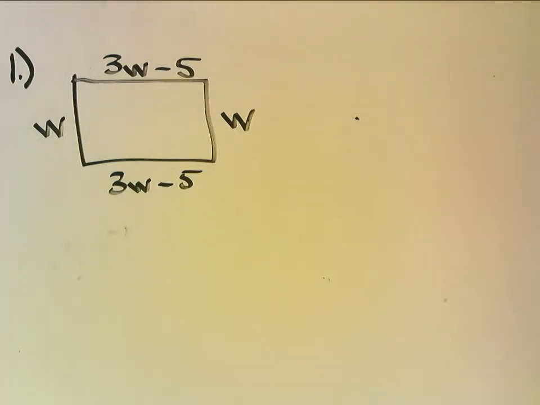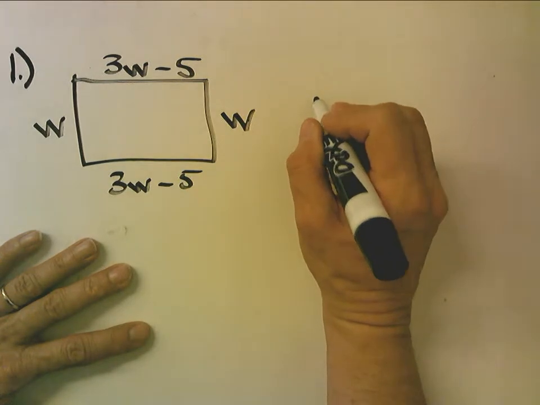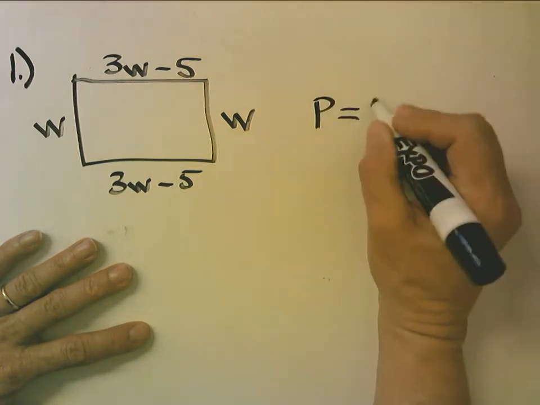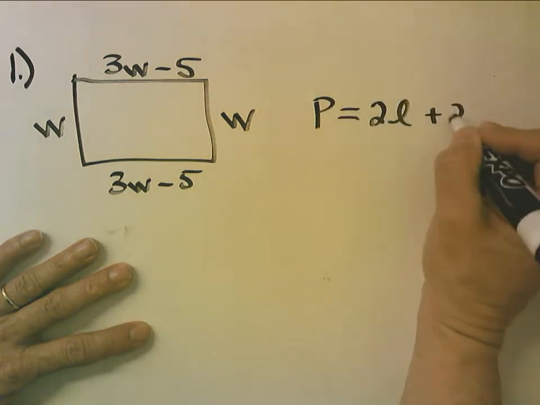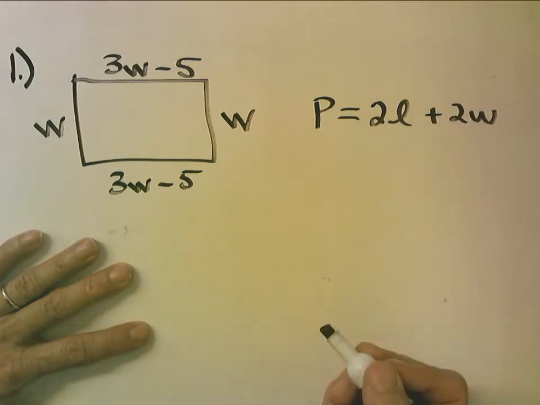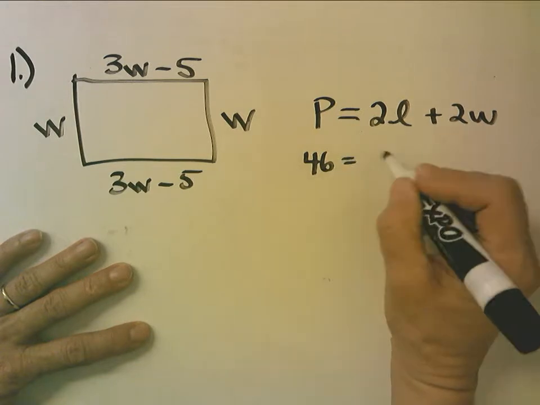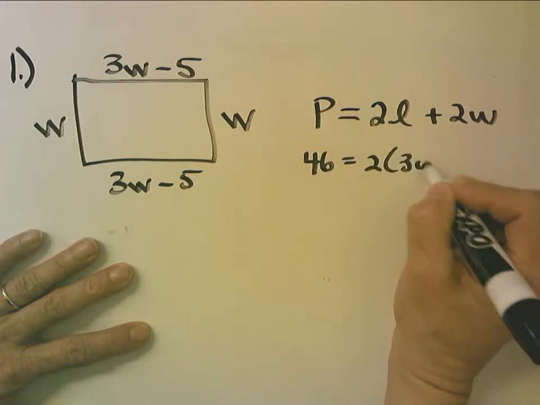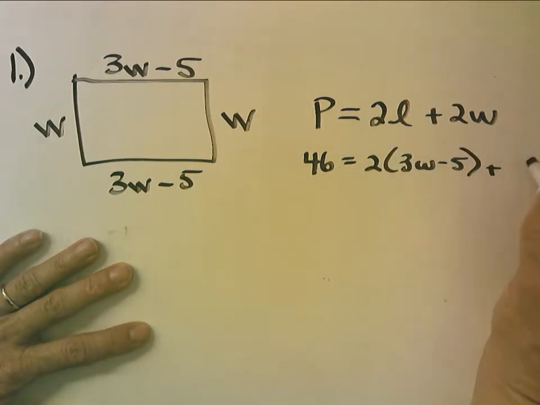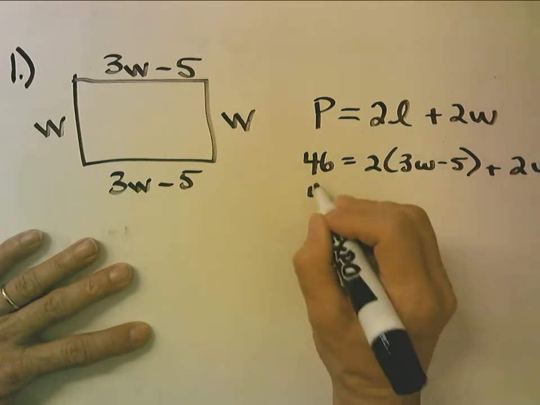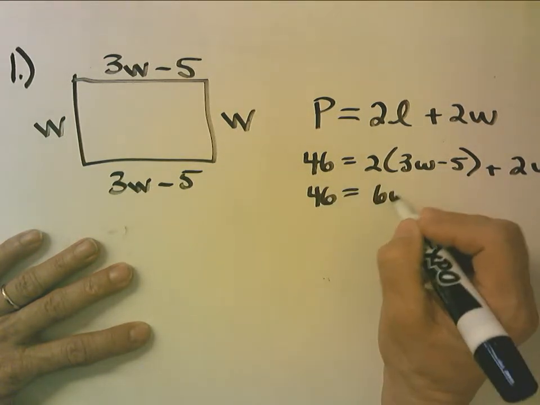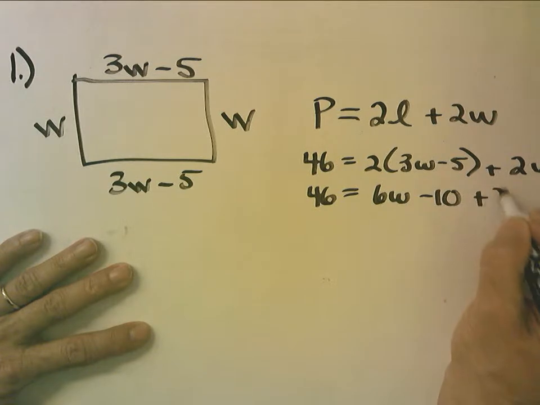Okay, now there's 2 different ways you can approach this. I could just say the perimeter equals 2 times the length plus 2 times the width and plug it in. So perimeter is 46. 2 times 3W minus 5 plus 2 times W. So 46 equals 6W minus 10 plus 2W.